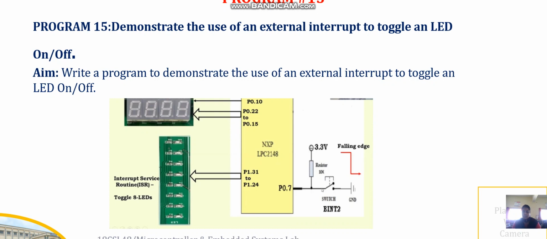Here we have to configure P0.7 as an external input, meaning port 0 pin number 7 is used as the external interrupt. When we give the 3.3 volt power supply to that port, the external interrupt is going to generate the output for that particular bit.